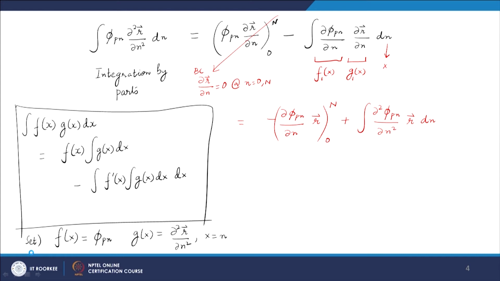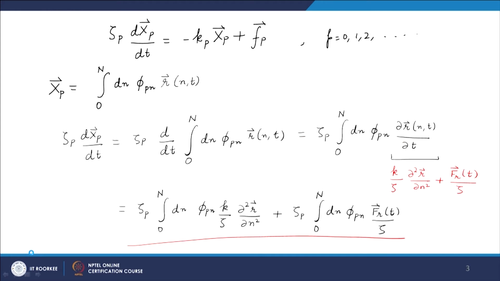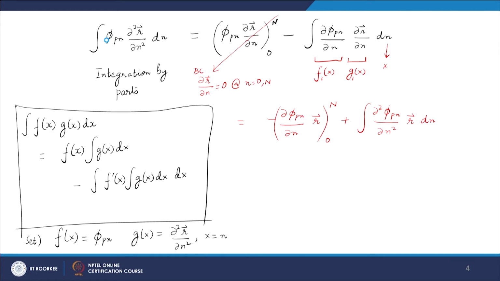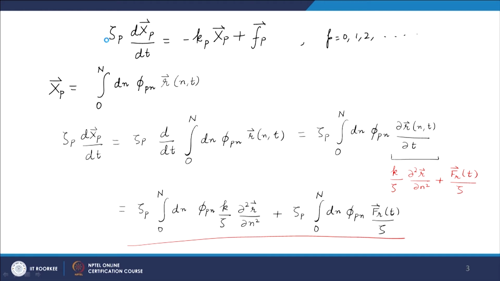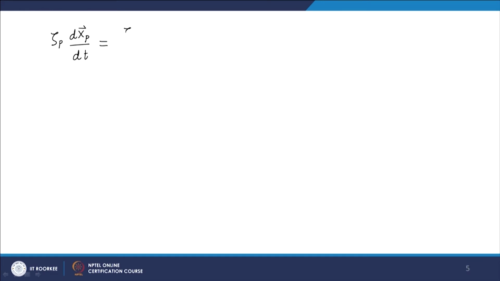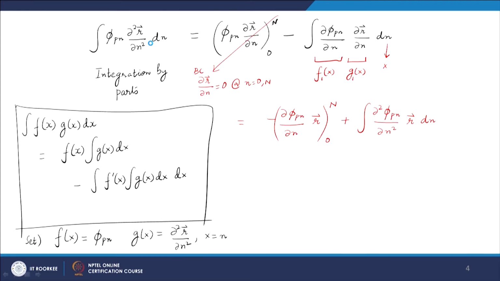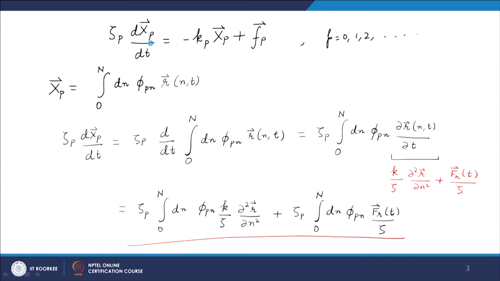Okay, so once we have derived the equation for one term there, I want to put it back into the expression that I had earlier, that is right here. So, I have zeta p dxp by dt is equal to, we can take zeta p by zeta common and take it outside, and inside we have two integrations.